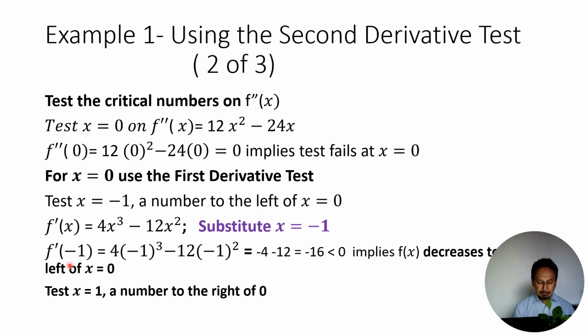So f prime evaluated at minus 1 is 4 times negative 1 cubed minus 12 times negative 1 squared. The cube of minus 1 is minus 1, multiplied by 4 gives negative 4, and the square of negative 1 is 1, times 12 gives 12. So you have negative 4 minus 12, which gives negative 16, less than 0. So we can say the function decreases to the left of 0.